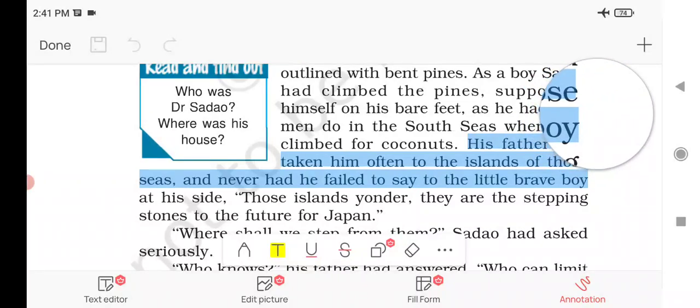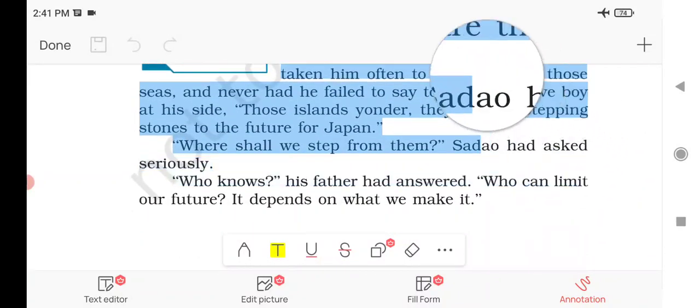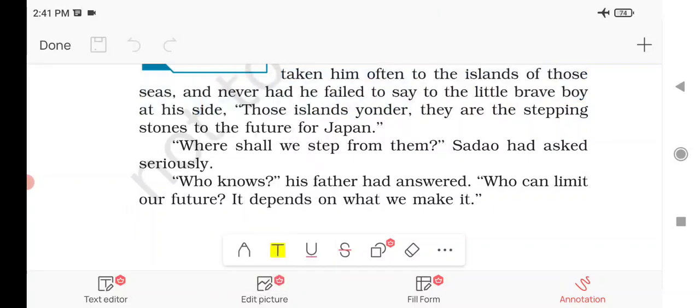to that little brave boy at his side, "Those islands yonder." Yonder means at some distance. Okay, yonder, right? "They are stepping stones to the future of Japan." So his father would often take him to the islands of the South Seas, and his father would point towards the island, and he would say that those were the stepping stones toward the future of Japan.